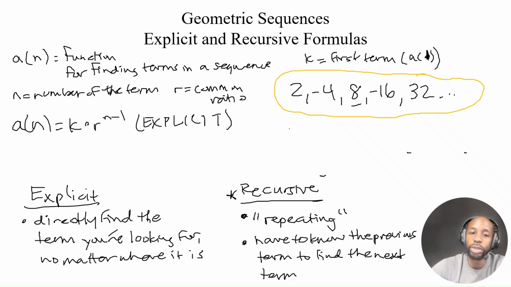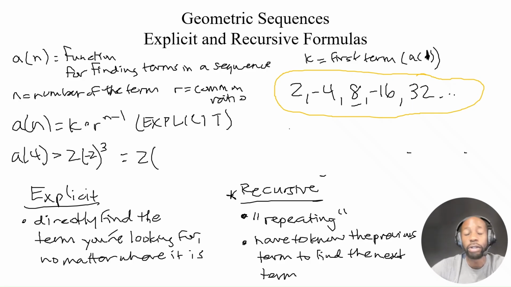Let's use the explicit formula to find term number 4. A of 4 would be equal to k, which is 2, times r to the n minus 1, or 4 minus 1, which is 3. We already know r is negative 2. So that's 2 times negative 2 to the third power.